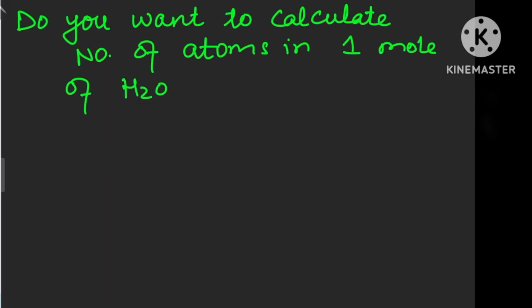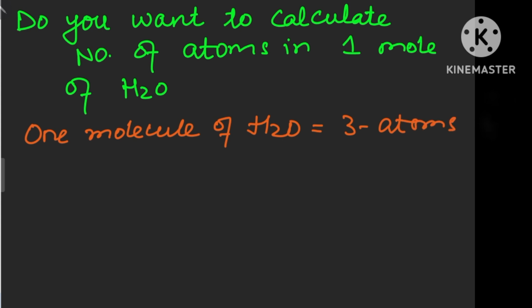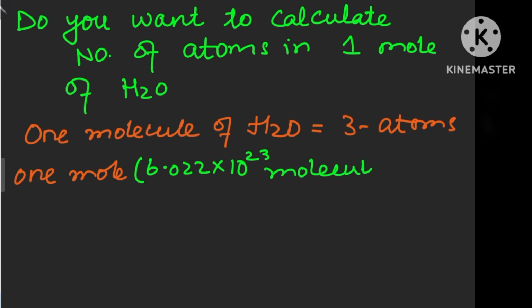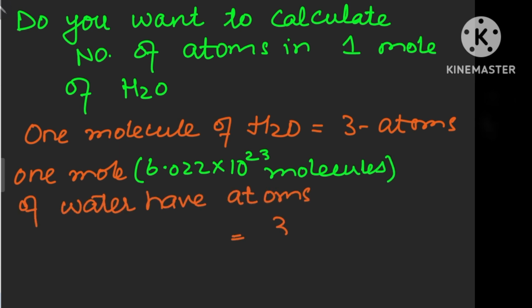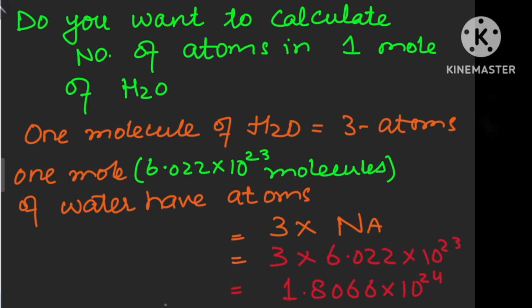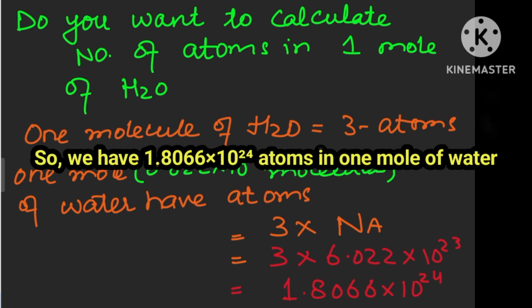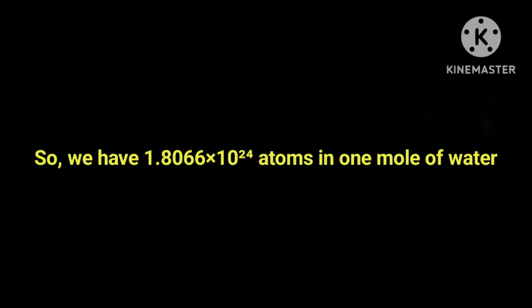Do you want to calculate the number of atoms in 1 mole of water? 1 molecule of water has 3 atoms, and Avogadro's number of molecules gives 3 × 6.022 × 10^23, which is equal to 1.8066 × 10^24. So we have 1.8066 × 10^24 atoms in 1 mole of water.